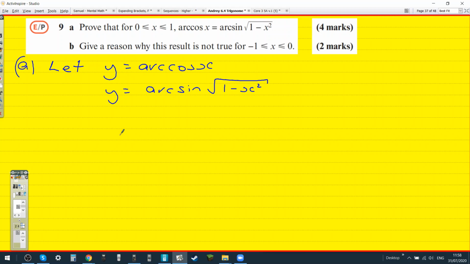So would that be y squared? Oh no, or even sine of y squared equals 1 minus x squared. And then what if I do x squared, or even x equals the square root of 1 minus sine squared y?